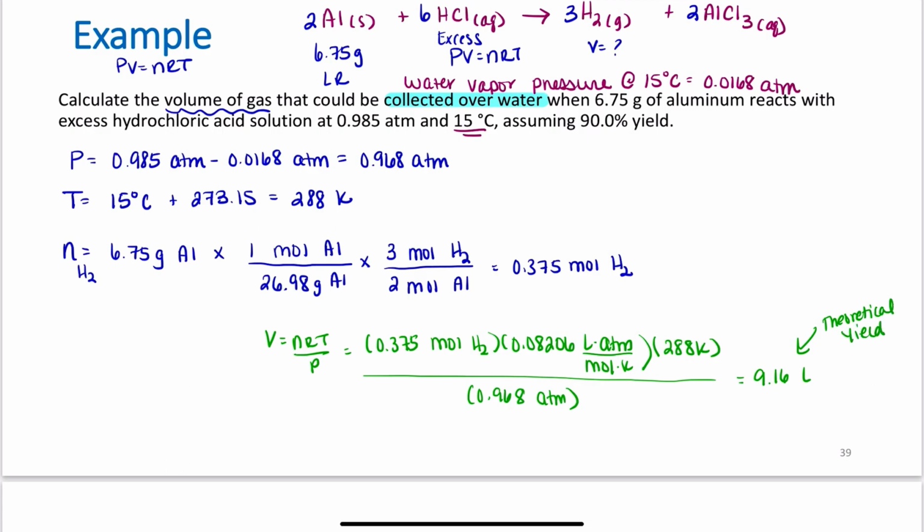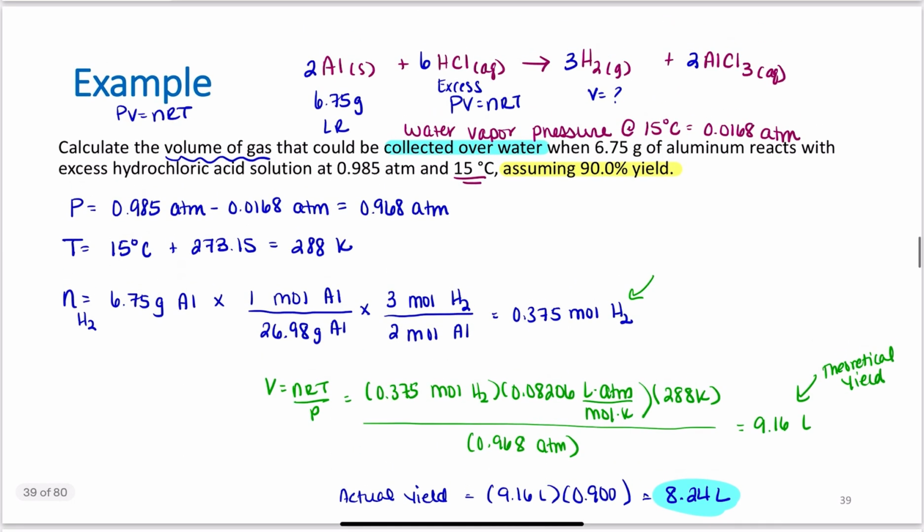I have not yet accounted for the fact that it's assuming 90% yield. I could have done that here as well, but I like to do it at the very end. Assuming 90% yield, what that means is I have to consider that. I know my actual yield is 9.16 liters times 0.900 for that 90% yield. 8.24 liters is my actual yield.